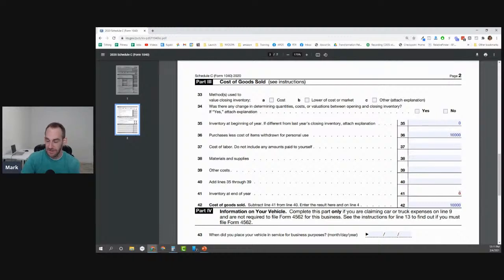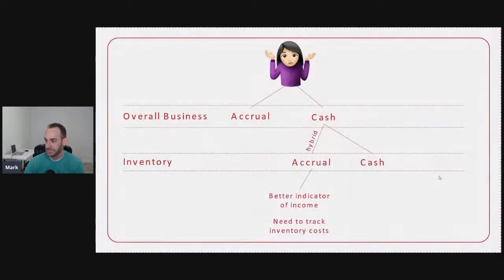I don't even bother putting the zeros. And then your cost of goods sold ends up being 10,000. Even though it's not technically the cost of the goods that were sold, this is just the form that's always been, and this is the only way that you can account for the cash method of inventory. So you'll just list the purchases, and that's it.